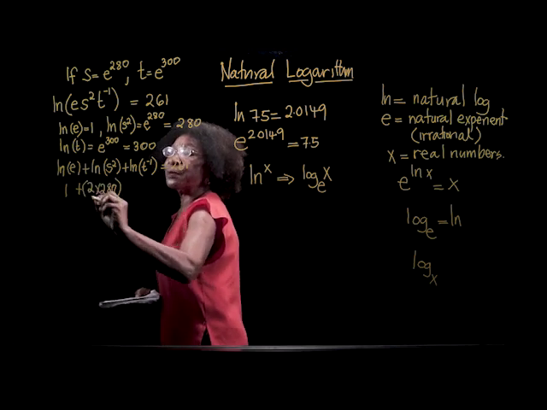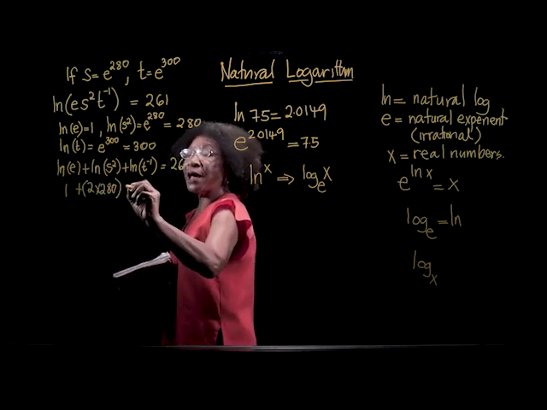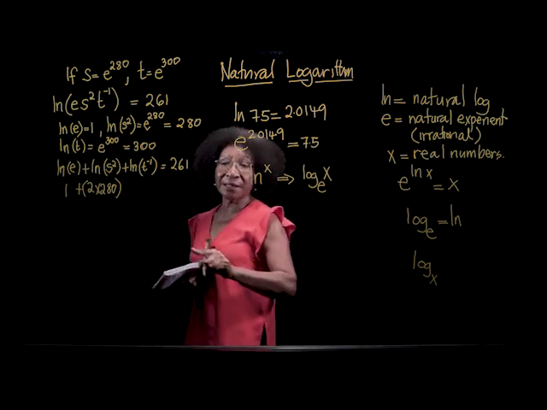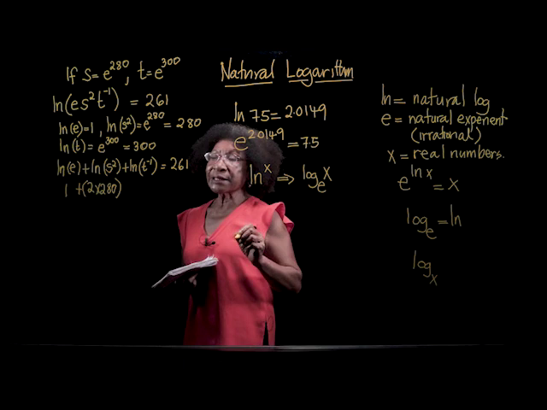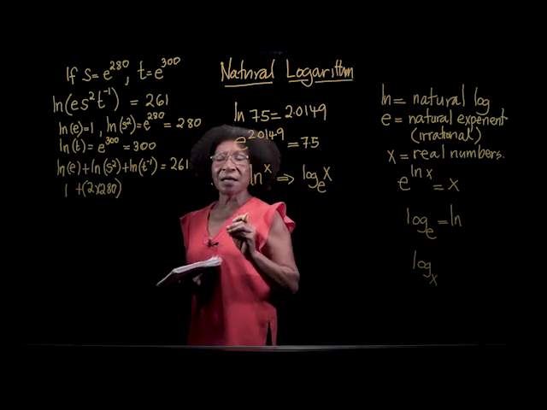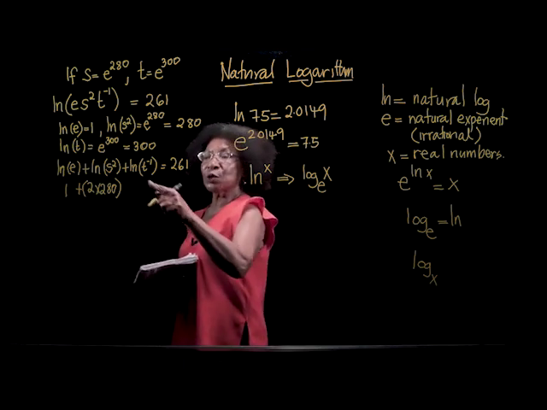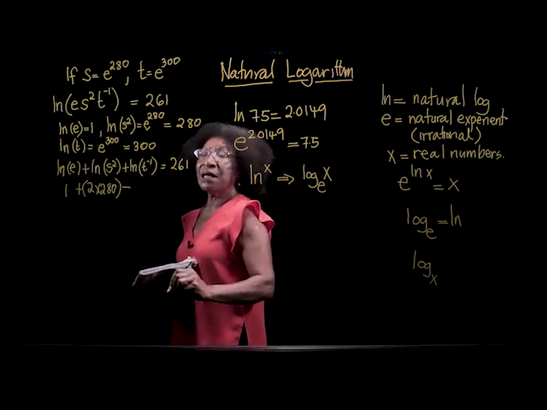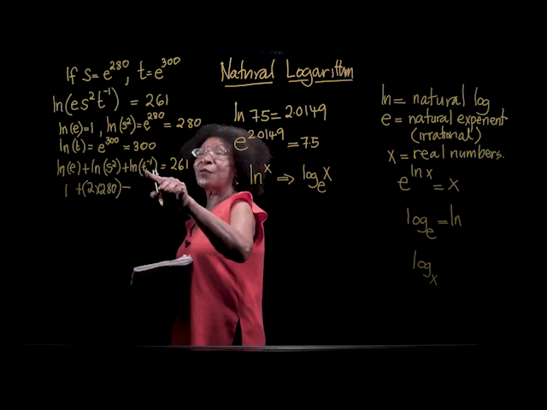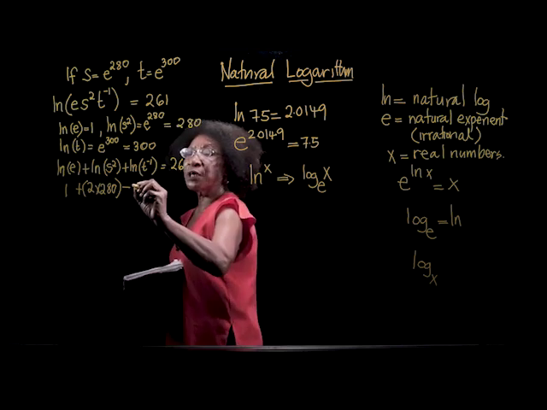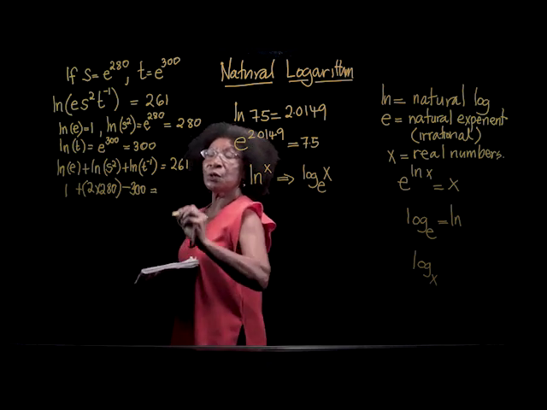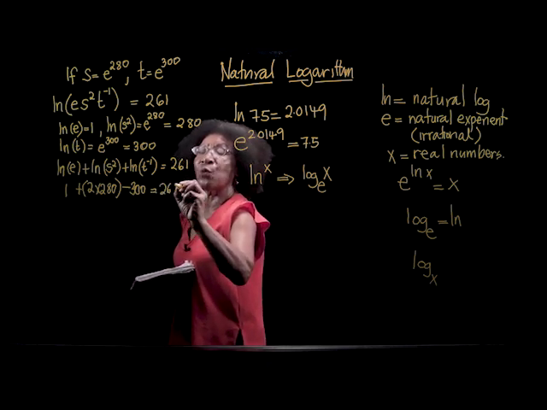I'll put a grouping symbol there, and you add that. Now note, when you have a plus and a minus, the index law says it is a minus. So instead of writing a plus here, I'm going to write a minus. And now the value of t is actually 300. That also gives you 261.